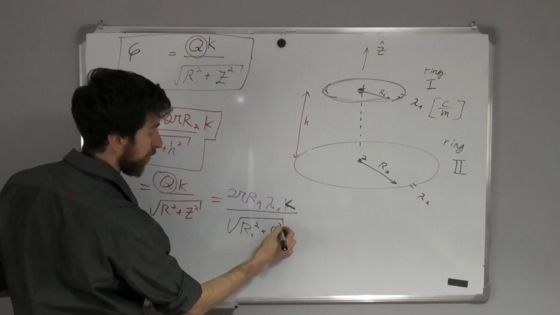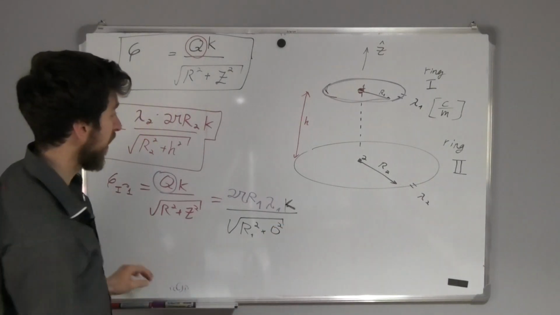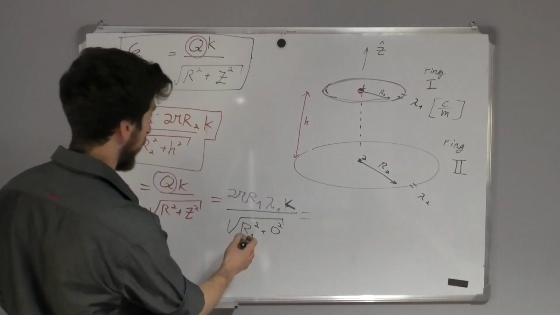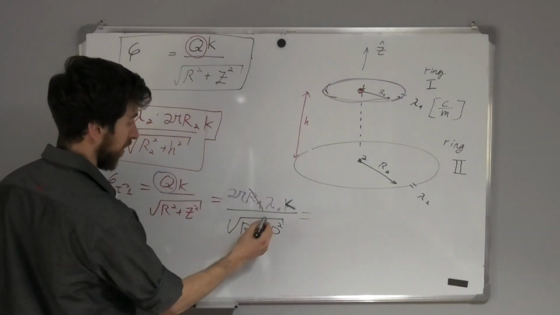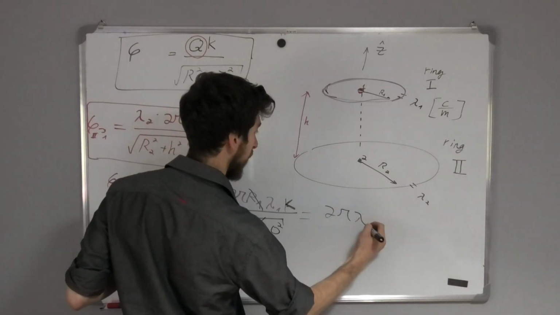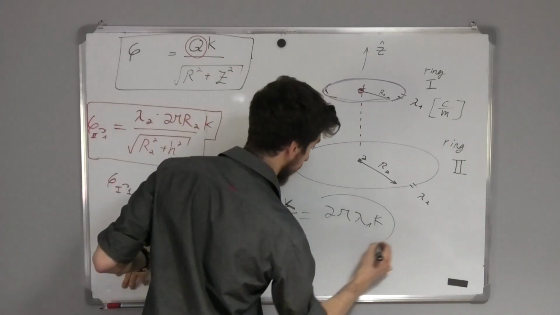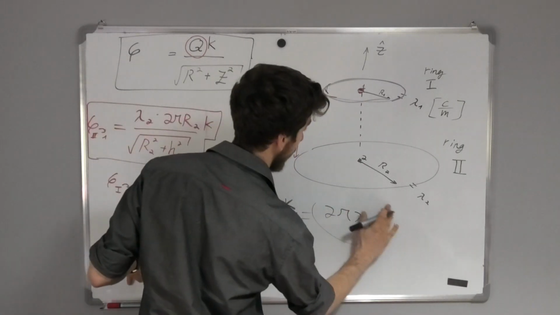Actually it's 0 squared, I would say, okay? To understand where it's coming from. And this is equal to what? So this r squared and this are gonna cancel out. We're gonna have 2 pi lambda 1 k, and that's it, actually. It's just a solution.